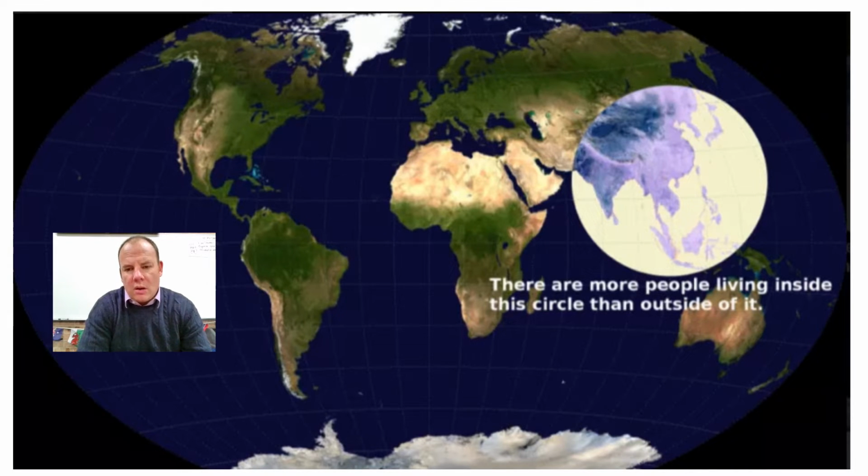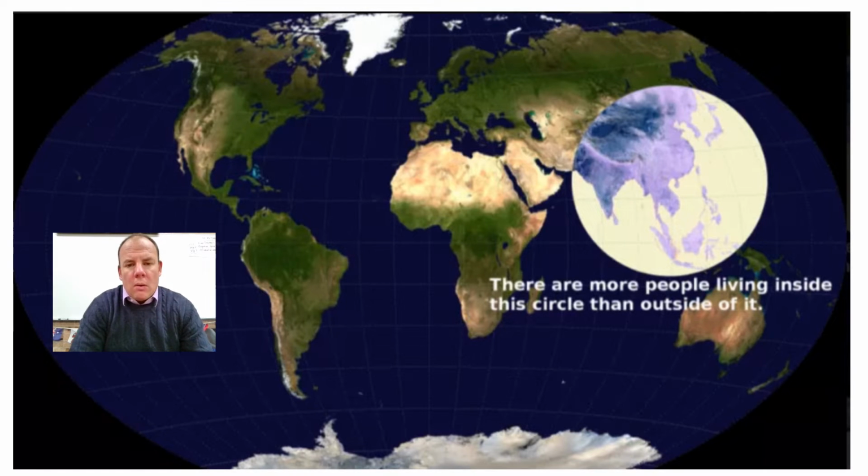In this circle, there's more people living in it than outside of it. And when you look at the size of that circle, it's relatively small compared to the rest of the world. And when we're talking about population, the reason why population is such an important part of geography is because of the spatial patterns that population has.